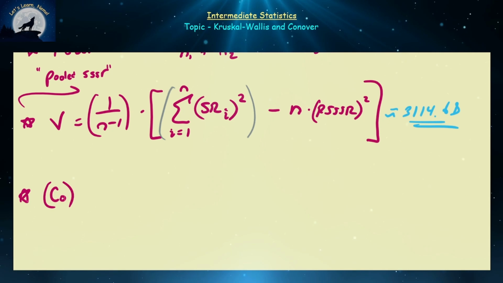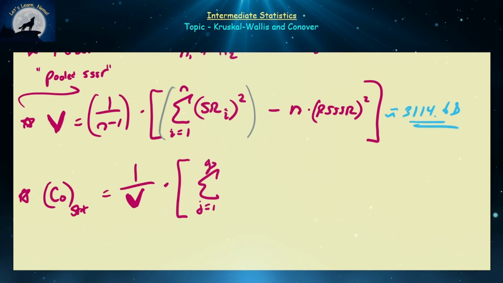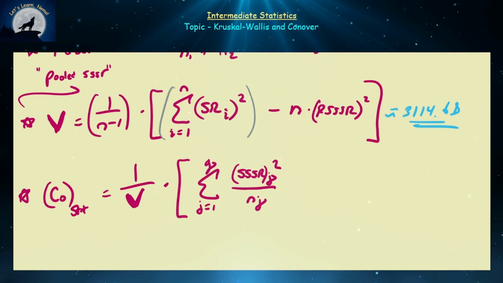So our final value, CO, our Conover test statistic, will be equal to 1 over capital V, the Conover V, multiplied by, again, a big sum. We're going to do the sum from j equal to 1 to G, so we're going to do this for each of our groups. We take SSSRj, square each of them, divide that squared SSSR value by the sample size, and that gives us some number for each of our groups.